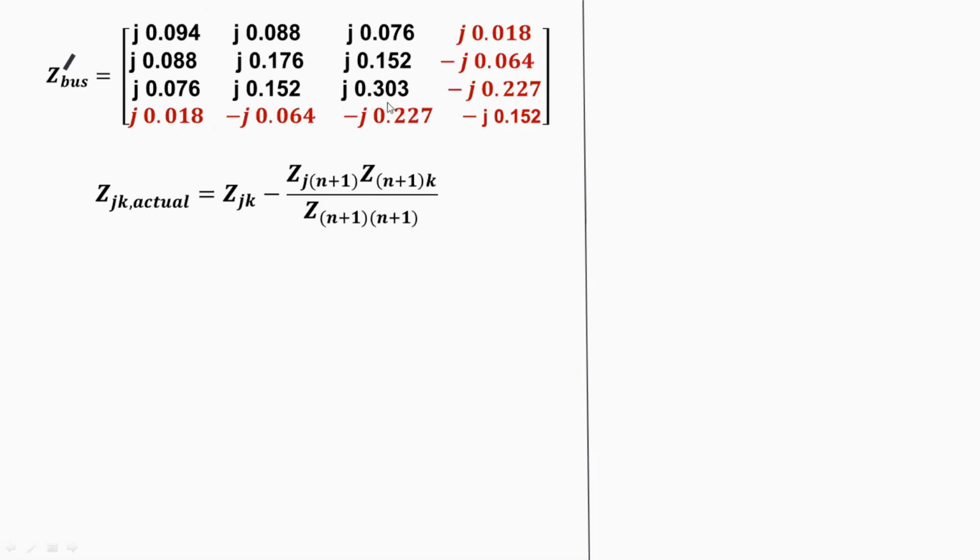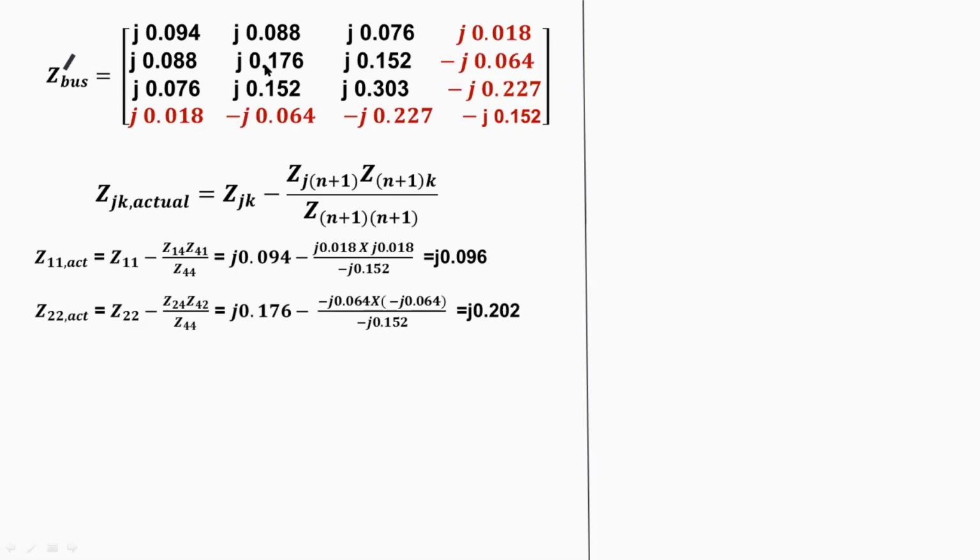First, I am going to calculate the diagonal elements. Then I am going to calculate the off-diagonal elements. The first diagonal element is Z11 actual. Z11 actual is equal to Z11 old minus Z14, Z41, divided by Z44. Substitute the values, you get j0.096. Then the second diagonal element, Z22 actual.